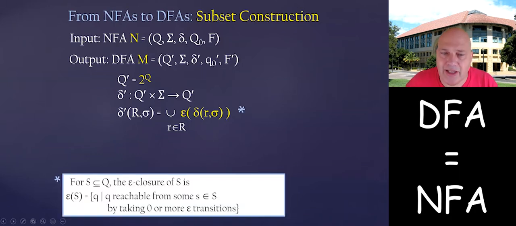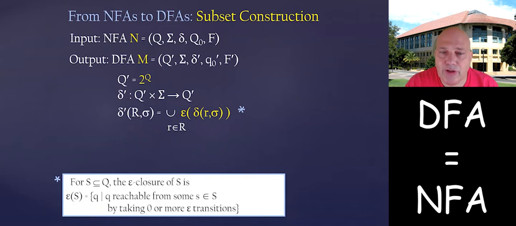So let's look at the definition of the epsilon closure. It's just what I said. So for every subset S, like this subset, delta of R sigma is a subset S, the epsilon closure of S, that we denote E of S, are all the states reachable from some state s in S by taking 0 or more epsilon transitions.